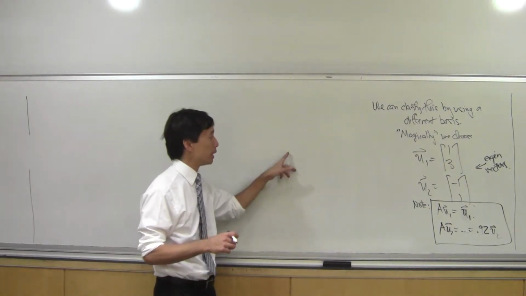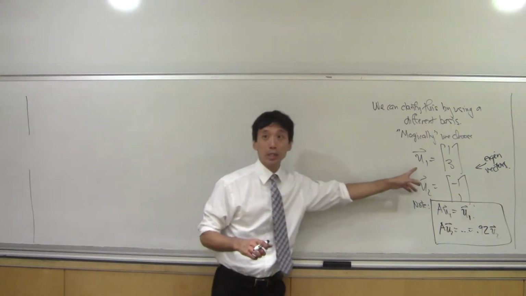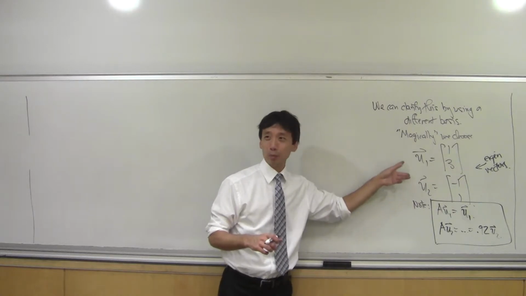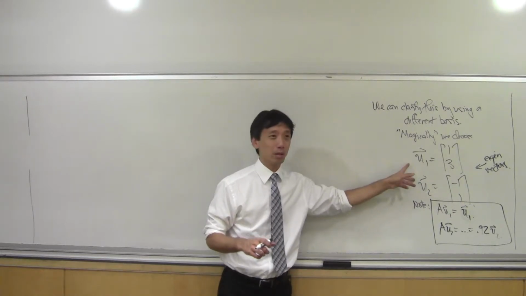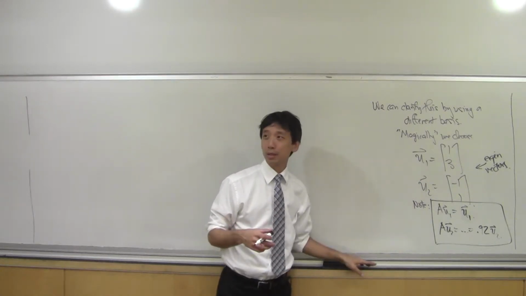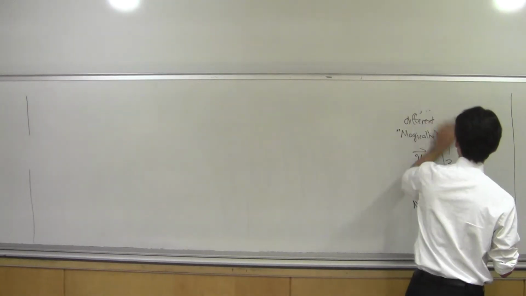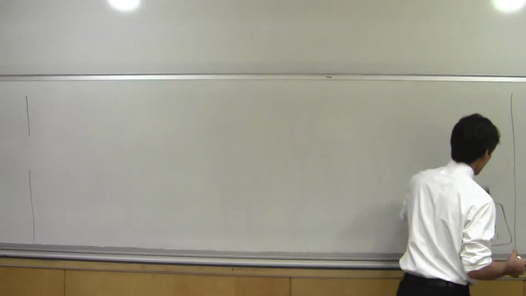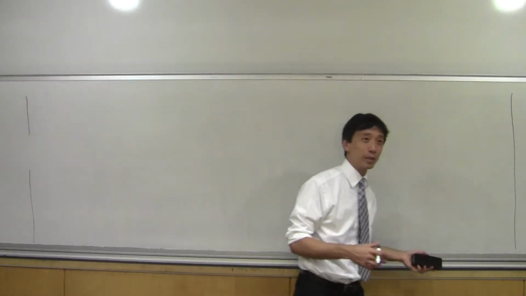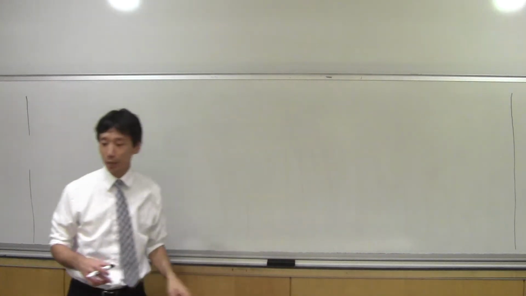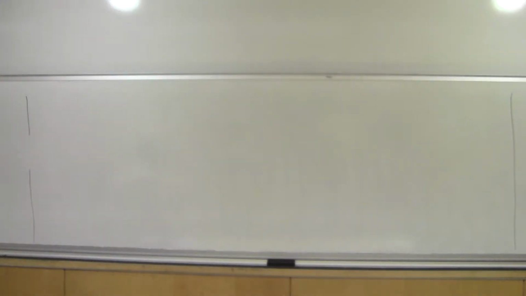But if we think of the vector in terms of U1 and U2, then what's going to happen becomes clear. So the point is that expressing this vector as a linear combination of these other vectors was helpful. And this is what we call a change of basis.